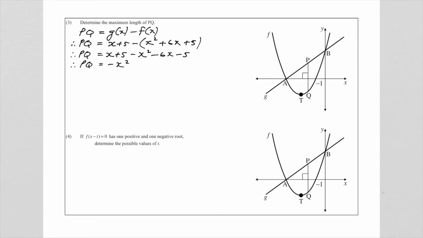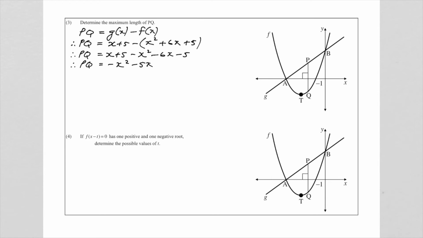And then you will see that x minus 6x will leave us with minus 5x. So this PQ now represents this maximum length. Now, to find the maximum length, we're going to complete the square on this quadratic expression.